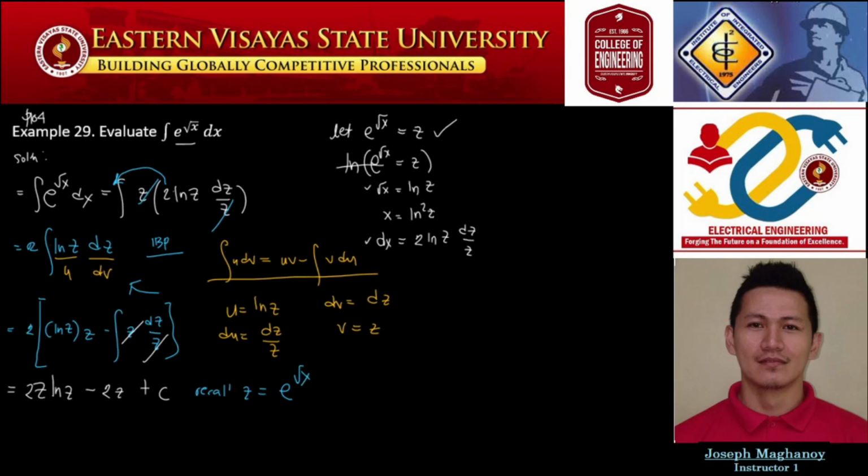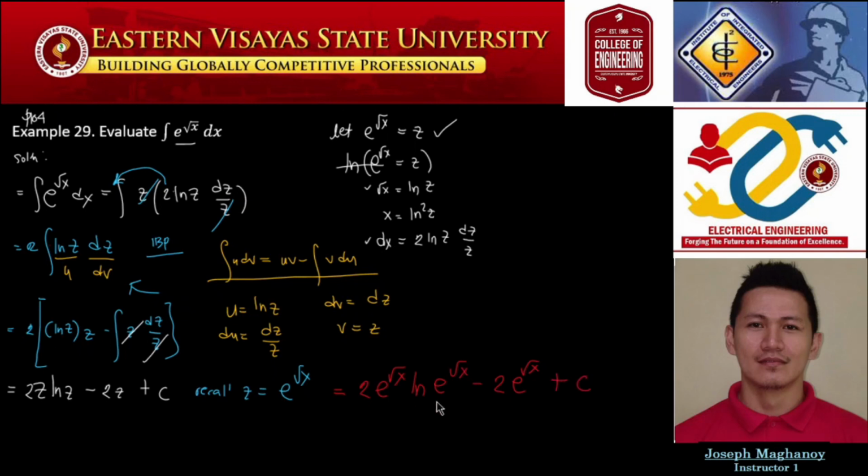So if you're going to rewrite your final answer, we rewrite 2 e raised to square root of x times ln z, that is ln e raised to square root of x, minus 2 e raised to square root of x plus c.